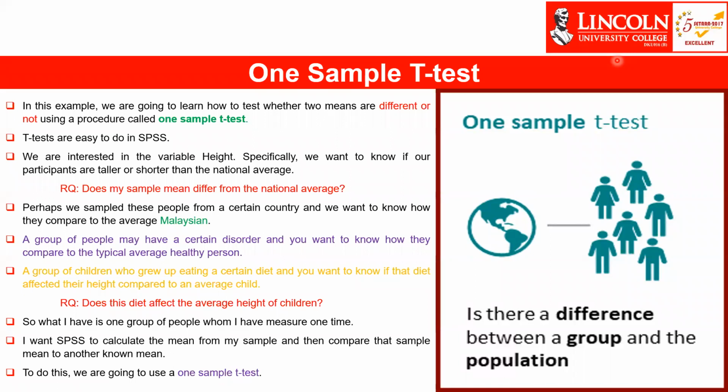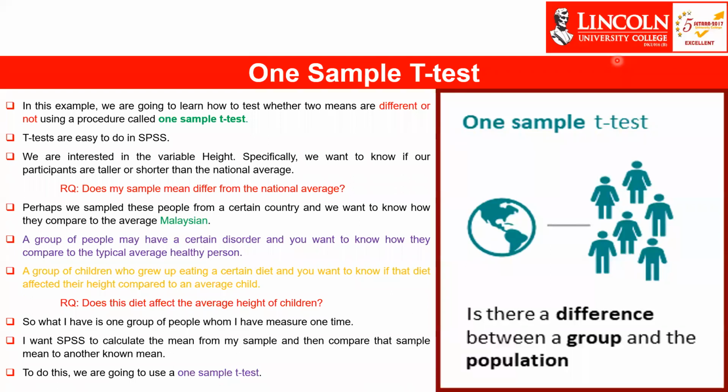You can also want to test a group of people. A group of people may have a certain disorder, and you want to know how they compare to the typical average healthy person. In another scenario, a group of children who grew up eating a certain diet, and you want to know if that diet affected their height compared to an average child.